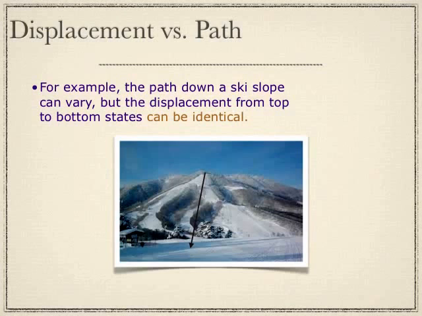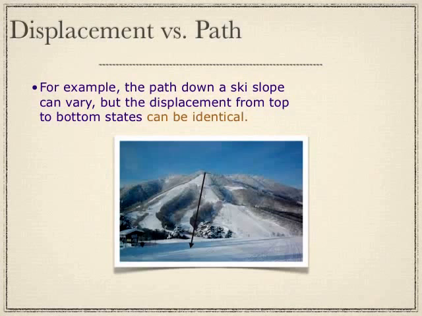If you go down on a long, windy path, curving back and forth, wedging your skis nice and slowly, and end at the bottom where we've marked the head of the arrow, your displacement can be identical to somebody who goes straight down, does not swerve back and forth at all, as fast as they want.